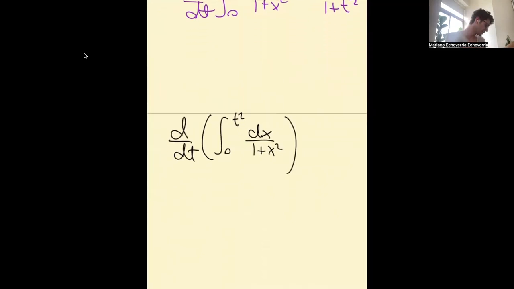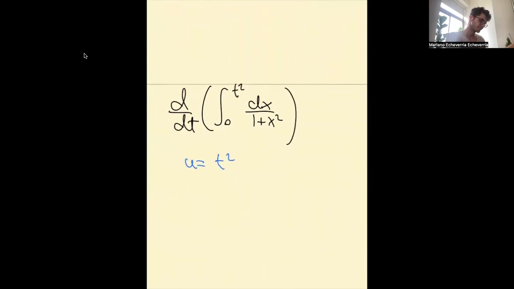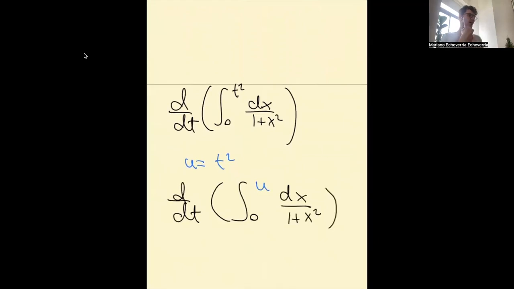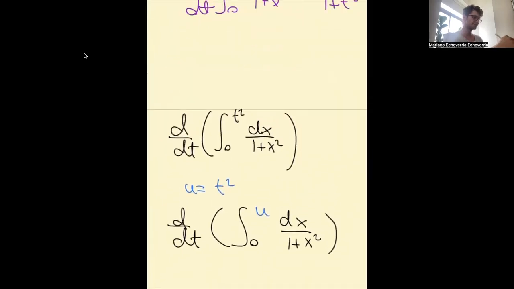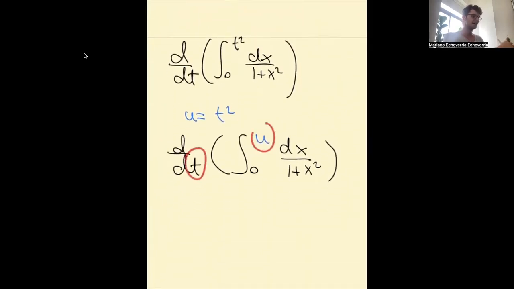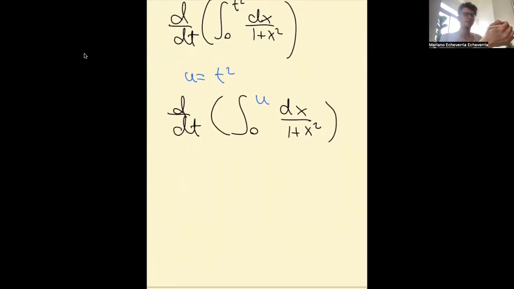You do the same strategy as usual, where you make a change of variables where u equals t squared. So this becomes the derivative with respect to t of the integral from 0 to u of x over 1 plus x squared. But now these two variables do not match, so you cannot disintegrate them. You cannot cancel them yet. But then you do the chain rule trick of multiplying and dividing by du.